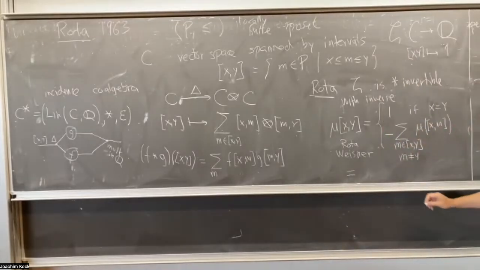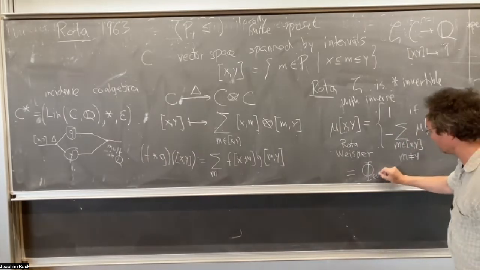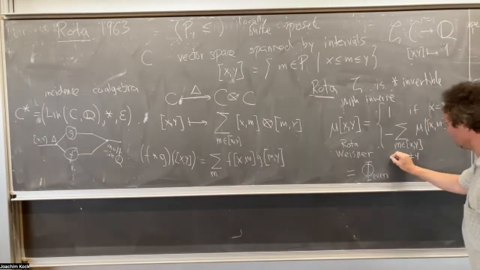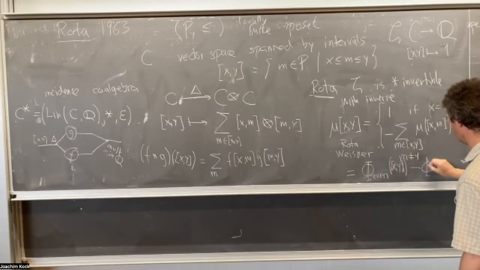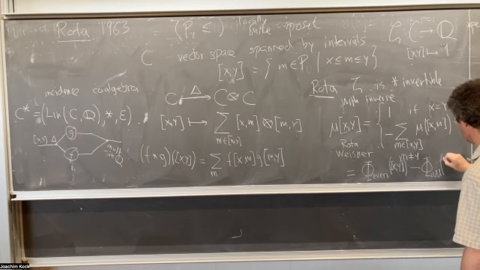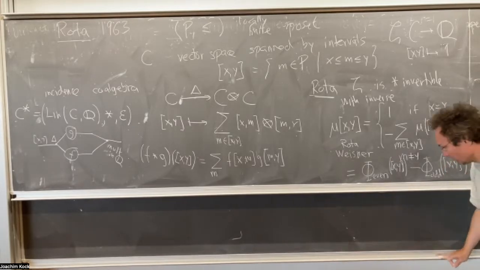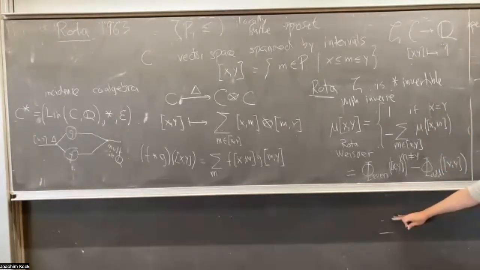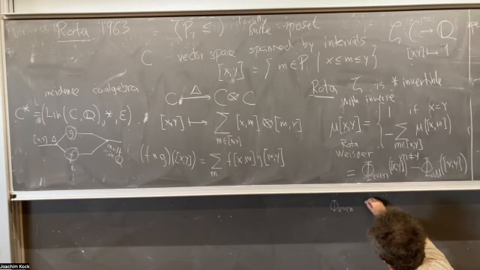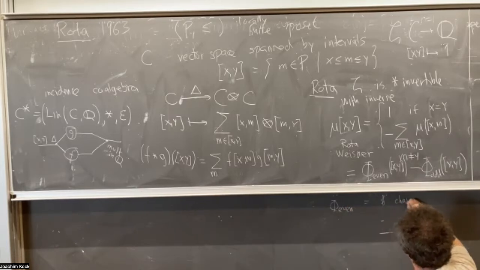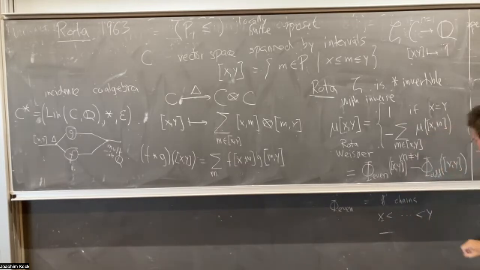The other formula is the following. It says that you take, I write it first and then I explain it. Phi even minus phi odd. And what is phi even and phi odd? Maybe can you see if I write here? So phi even is the number of chains of even length from x to y.